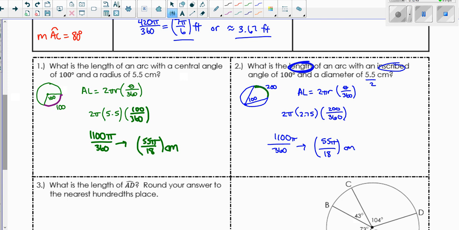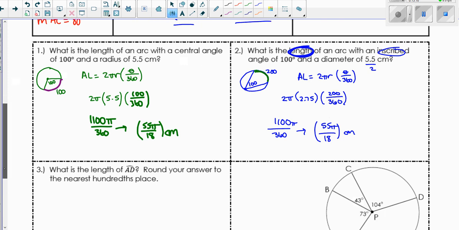So notice that this actually gave us the exact same answer, and the reason is because if I look back at my formula, I had 100 over 360, which I doubled to 200 over 360, and this was 5.5, which I cut in half to 2.75. So they end up all multiplying to give you the same thing, since I doubled one number and cut in half the other.